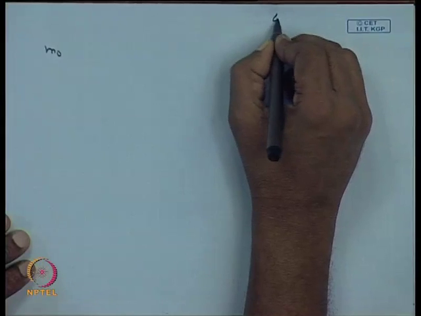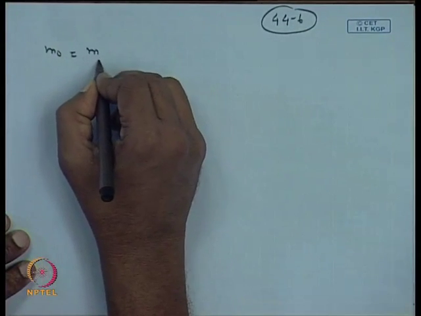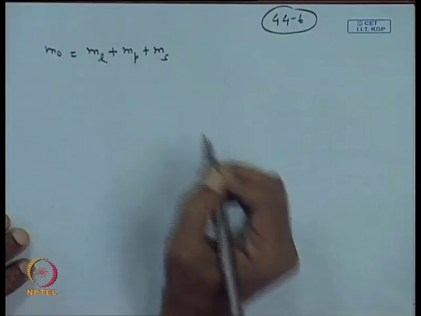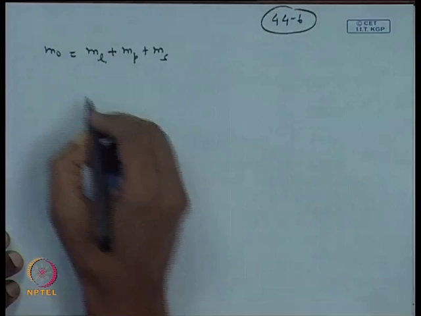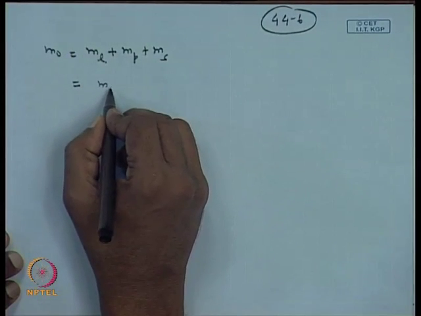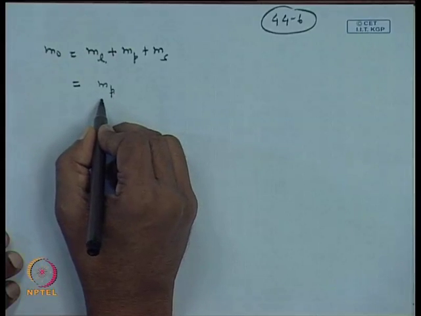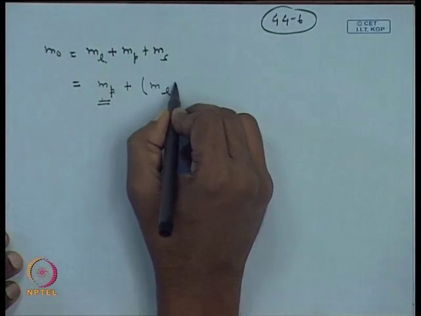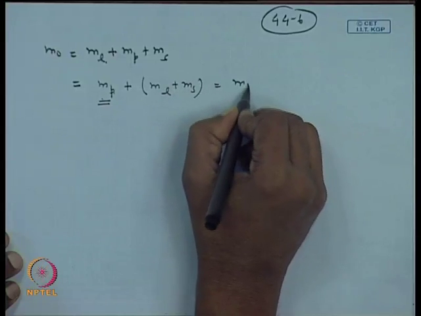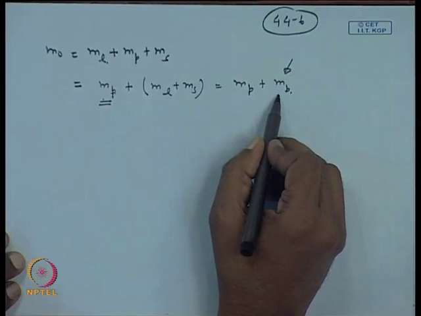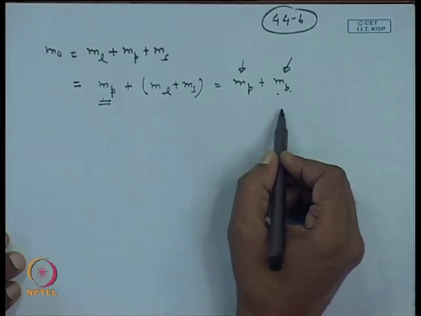Now, m_0 can be written as m payload plus m propellant plus m structure mass. Now, at the burnout, all the propellants will be burned. So, we can write this as m_p plus m_L plus m_s, and this is nothing but mass of the rocket at the burnout m_b, and this is the mass of the propellant.